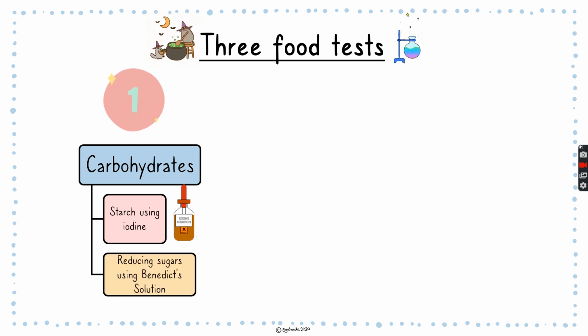and you're also going to learn about how to test for reducing sugars. So when we talk about reducing sugars, we're actually talking about simple sugars, and we're going to use this solution called the Benedict solution. Sometimes they're called Benedict's reagent as well.